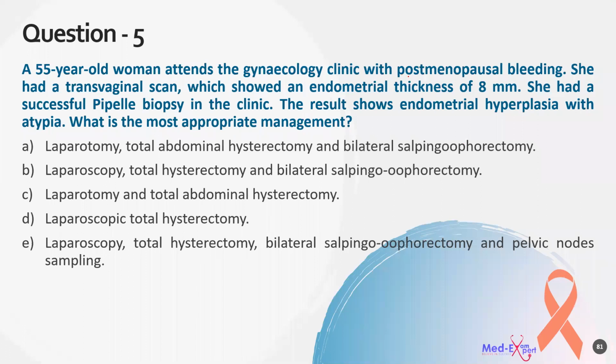Yes, B, the second option. Postmenopausal with atypical hyperplasia, so we are going to offer total hysterectomy and bilateral salpingo-oophorectomy. Of course, the laparoscopic approach is better. No need to do pelvic node sampling. So the option is B, laparoscopic total hysterectomy and bilateral salpingo-oophorectomy.